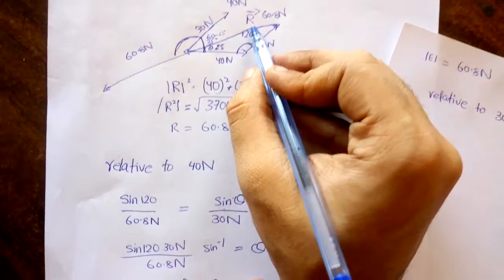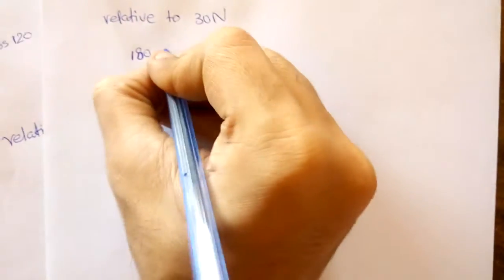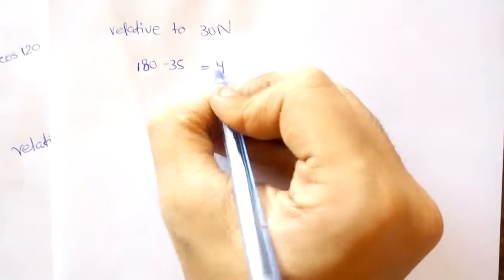As we know, there is always a straight line between resultant and equilibrium. So this is a full 180, and we have this angle 35, so this will be 180 minus 35, which will make it 145. This is the angle which we are getting relative to 30 newtons.